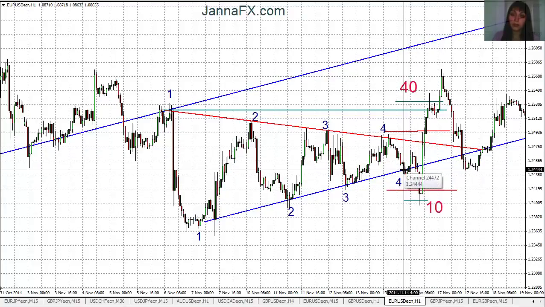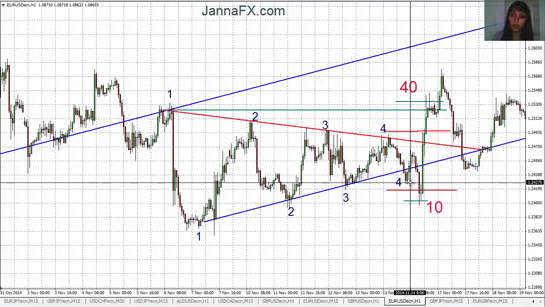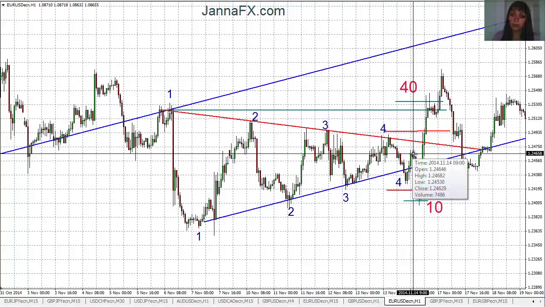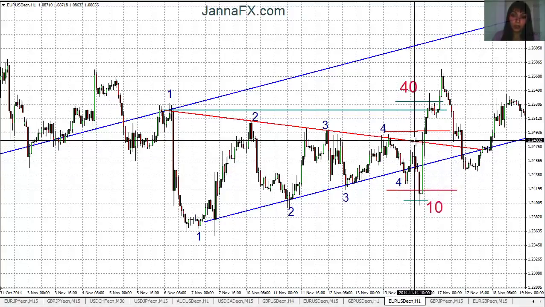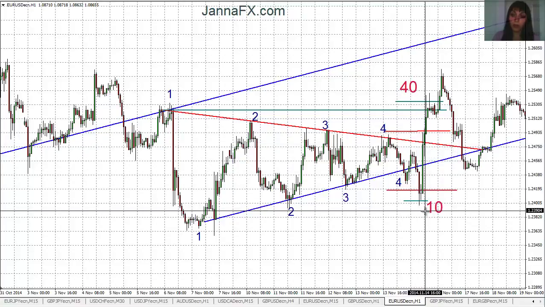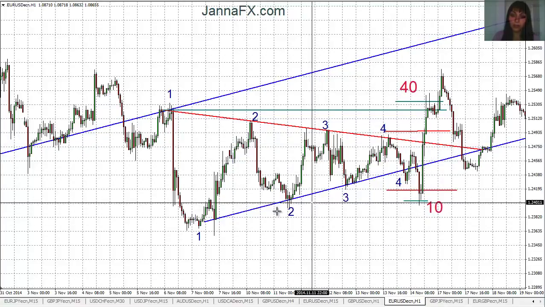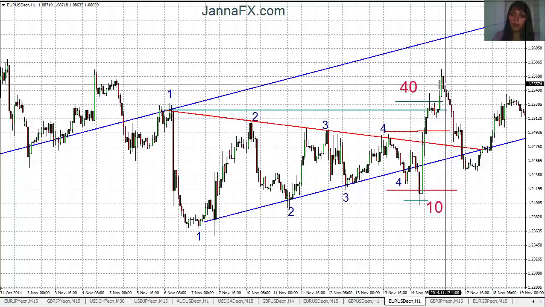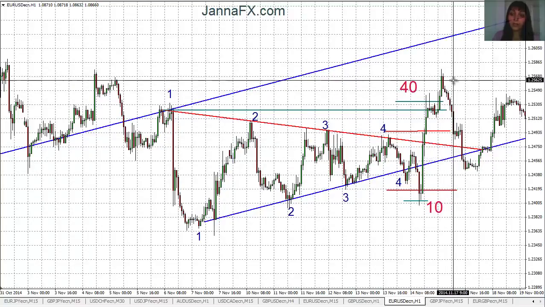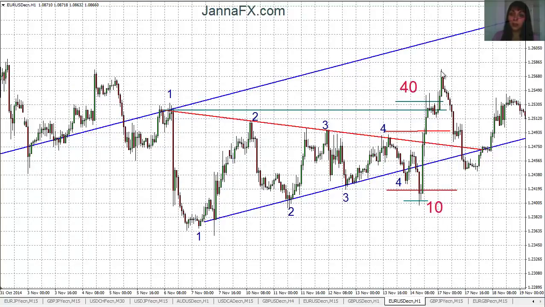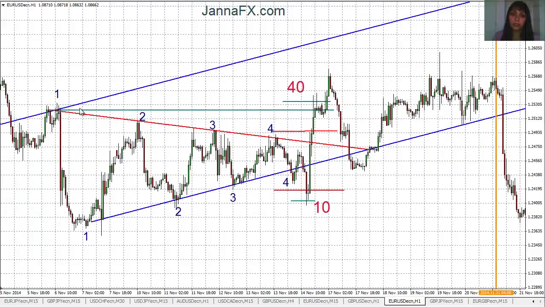We had the first kind of false breakout, and then the market moved back, and it didn't reach the 5th top. It actually broke, and it didn't go anywhere where we would expect it to go. It turned around quite high, and once again it didn't go anywhere close. It didn't reach any of our expected levels.